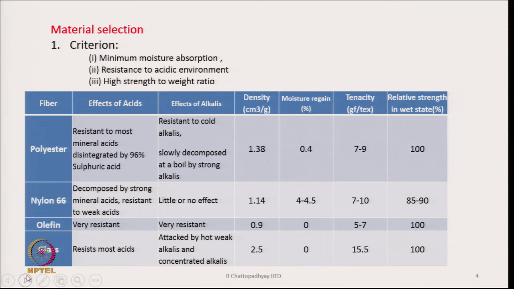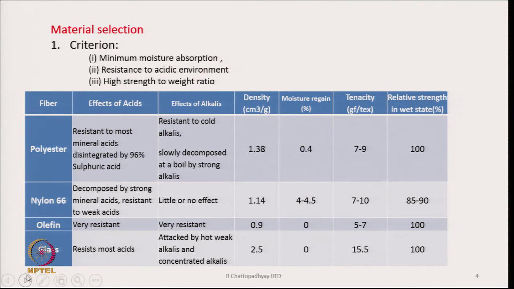So, here we have a list of polyester, nylon, olefin and glass fibers, and some relevant properties we have to dig out and put together, because that is what we need to find out the kind of material that we need.